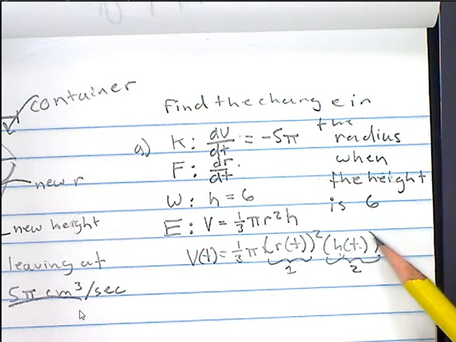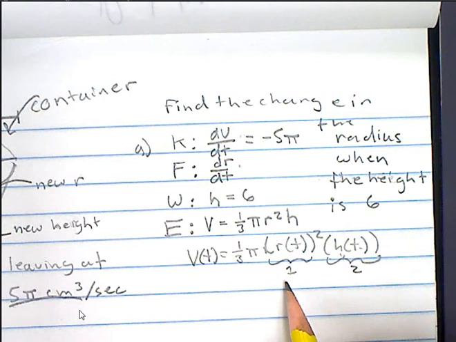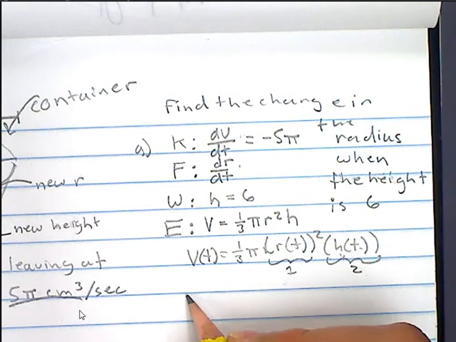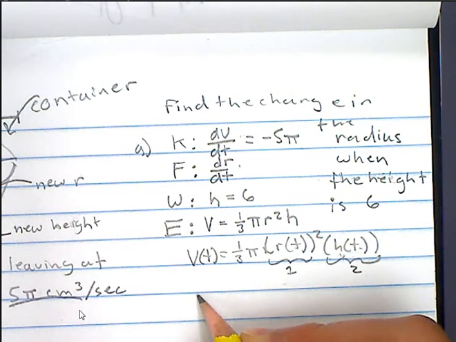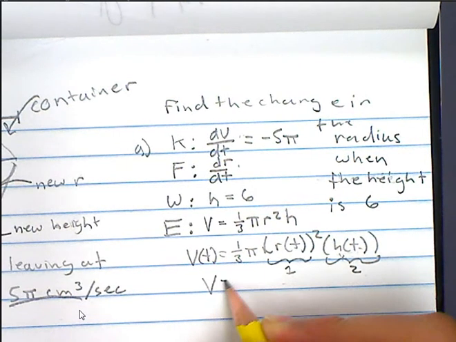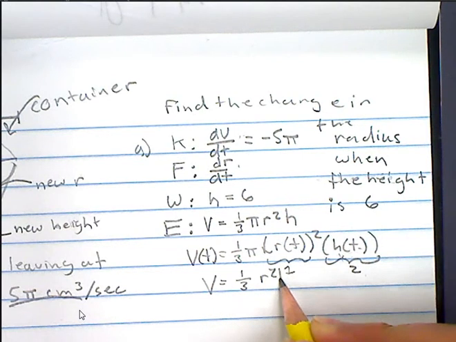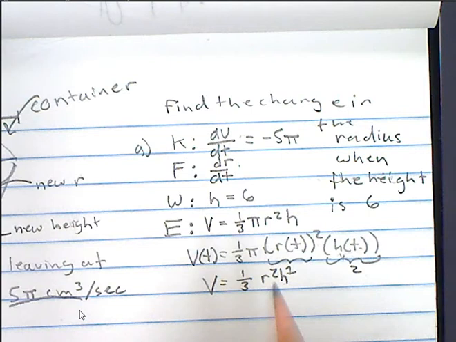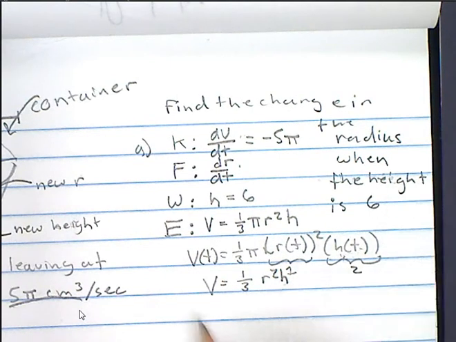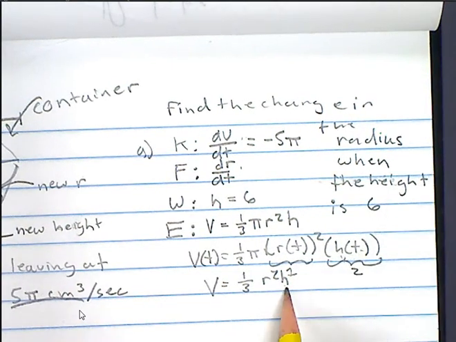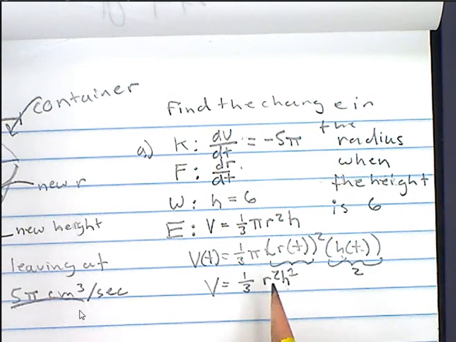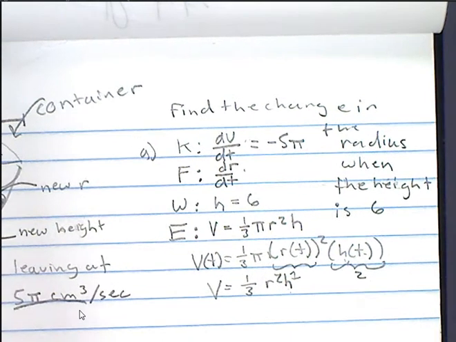So we're still left with this problem. We've got two variables, well, really three, with the volume. So let's stick to the original volume. We want to find the change in the radius, so why not just get rid of the height? Well, how can we get rid of the height? Let's look right here.